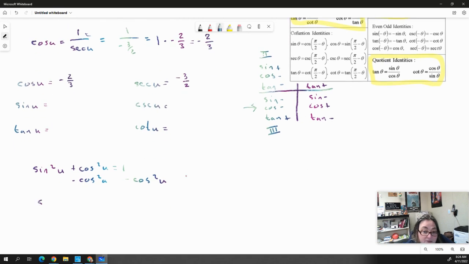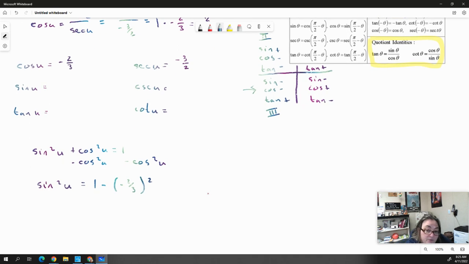I get sine squared of u equals 1 minus cosine squared of u. Well, that would be 1 minus negative 2/3 squared, because cosine is negative 2/3, and we know that it's squared.